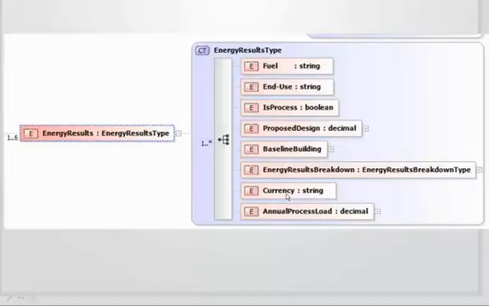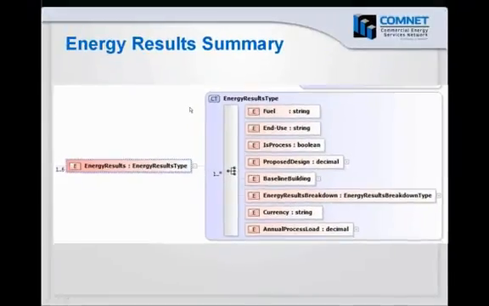The currency is, as I mentioned before, what we're using for our energy metric, whether it's site, source, cost, or TDV. And then this energy results breakdown data structure has the more detailed breakdown of the energy use.